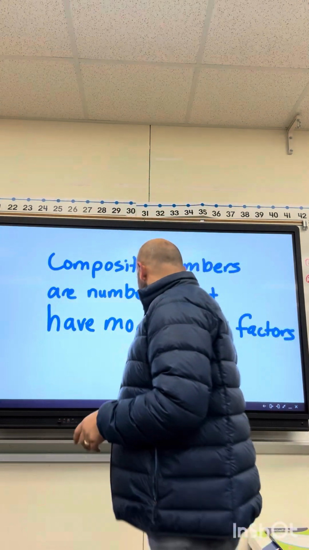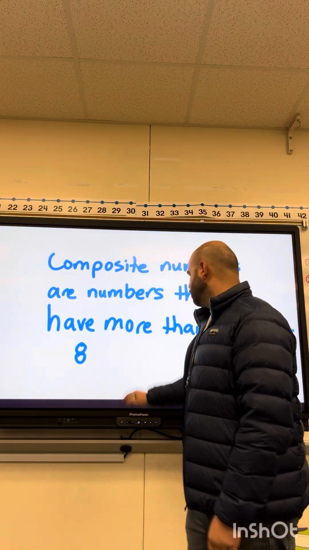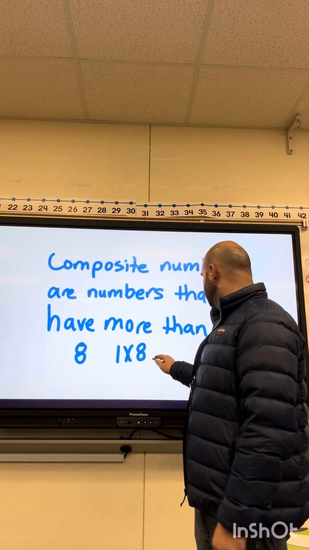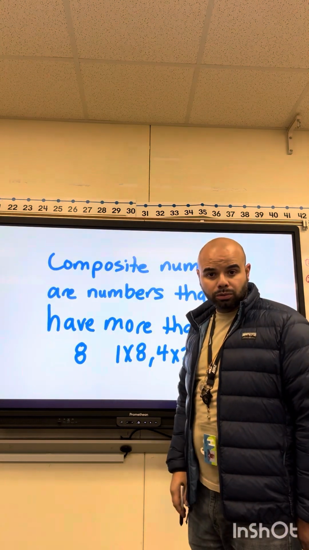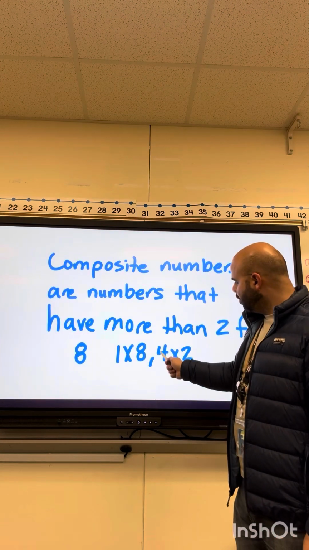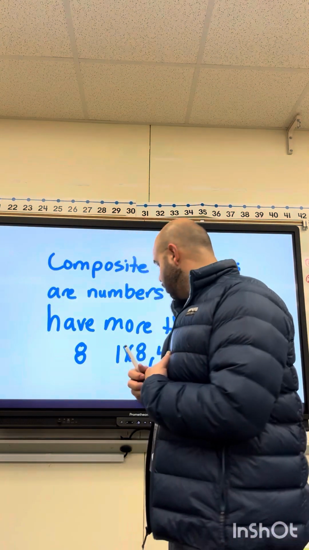So, any other number, let's say number 8. Number 8, right, has 1 times 8, that's 2 factors. Has 4 times 2, that's another 2. So we have 1, 2, 3, 4 factors that will equal 8.